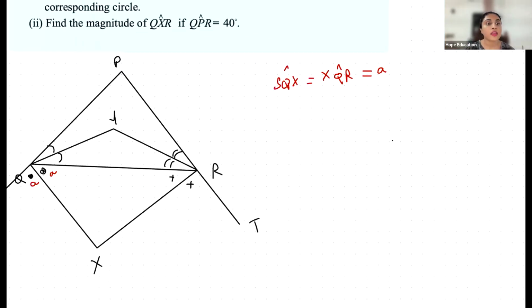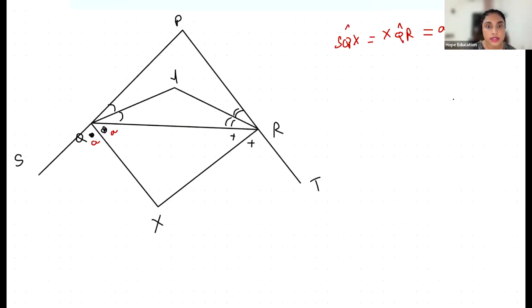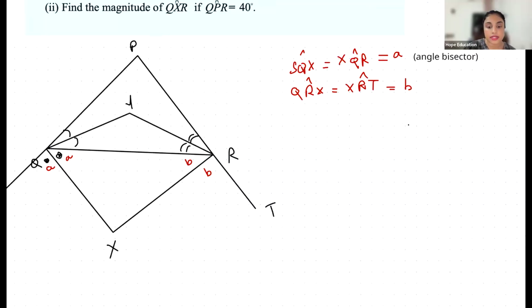The reason is angle bisector. Then for this one, let's call it B. So I will write QRX equals XRT equals B. That is also angle bisector as the reason.